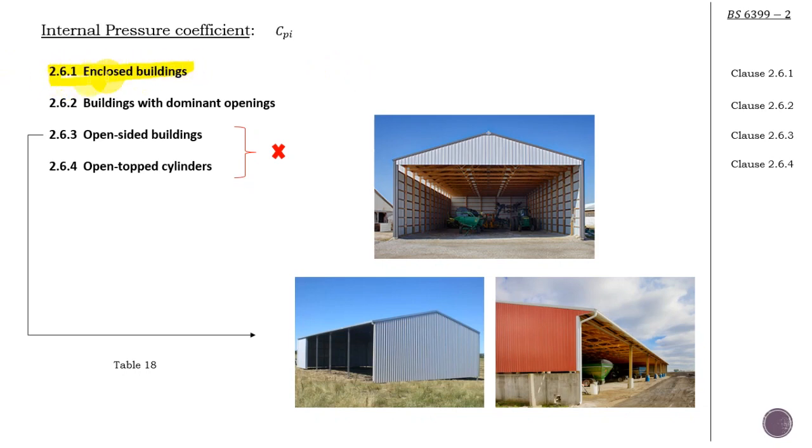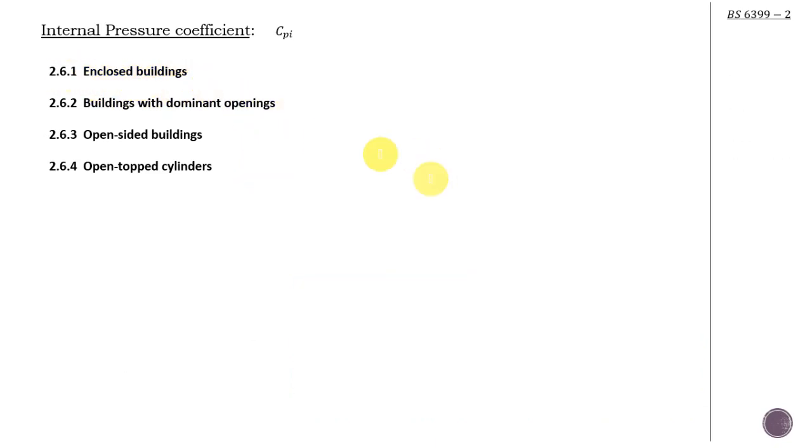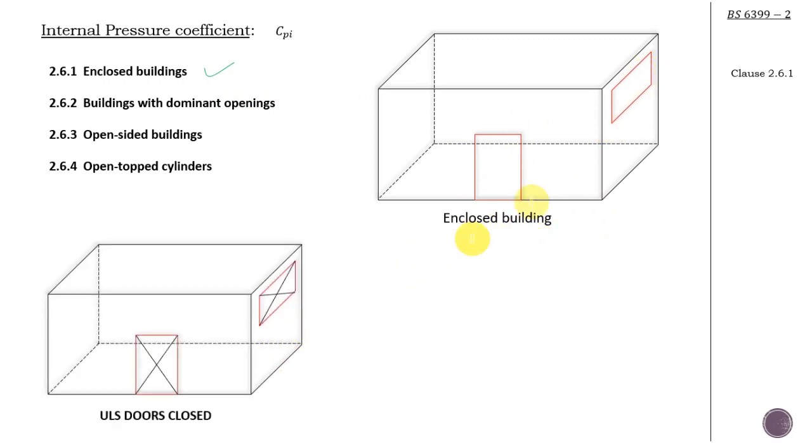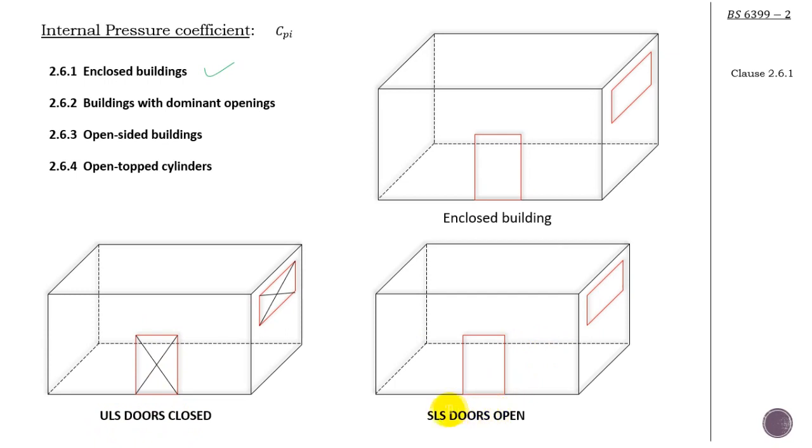Enclosed buildings are basically any regular house with openings like doors and windows. When designing for the ultimate limit state, I consider the doors to be closed, but for the serviceability limit state, I consider the doors to be open.